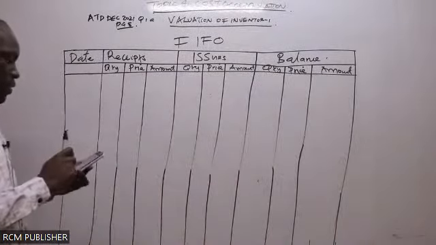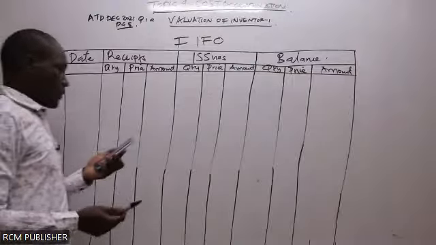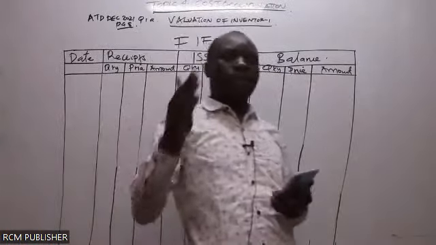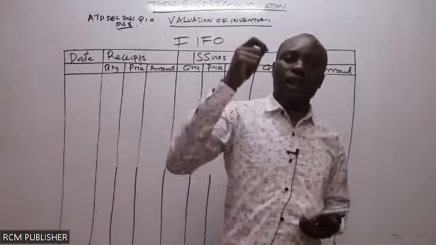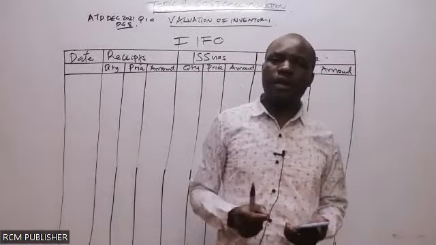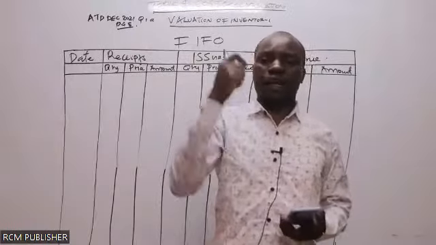Okay. So if you look at that question, the first one, we have to look for the opening stock. And yesterday we said the opening stock can be the stock of the last day of the previous period or previous month. Or you can also be told that this is the opening stock of the current period.